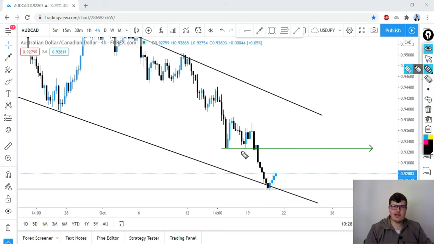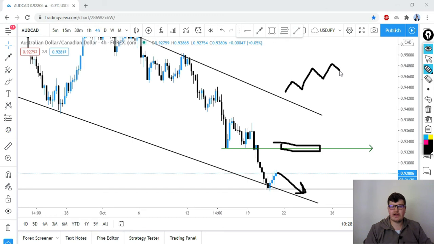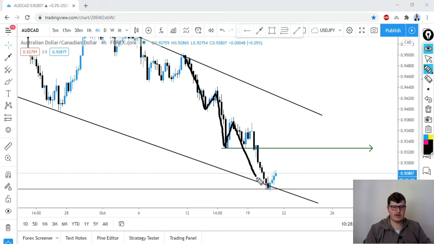But I'm only confident in entering this trade once price is above this level, because as it stands, price can still continue lower. An uptrend is defined where the market makes higher highs and higher lows, but we are still in a downtrend because the market is making lower lows and lower highs.